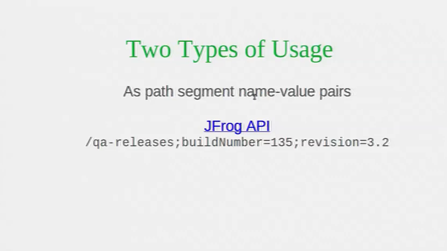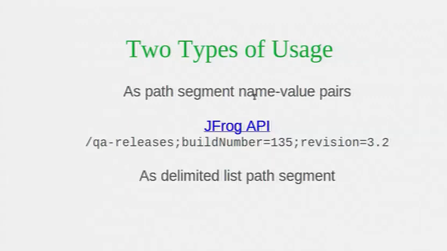You can imagine a URL that points to an artifact, like a Spring core jar. Then for each path segment, you might be attaching some specific properties or attributes. In this case, we have a QA release, a build number, and a revision, and you can imagine doing that on every path segment. So that's one style of usage.